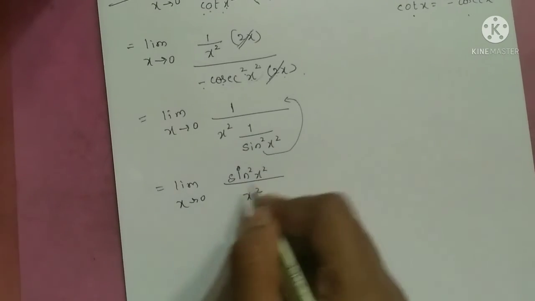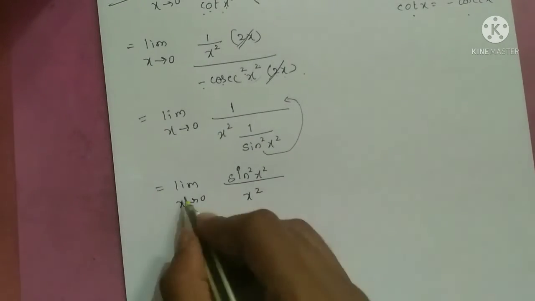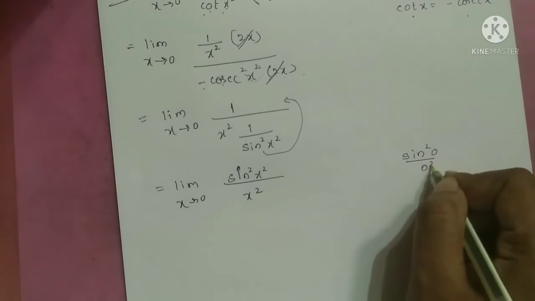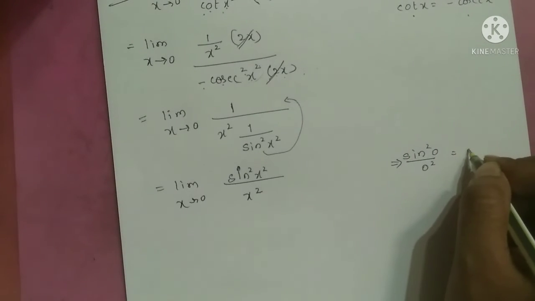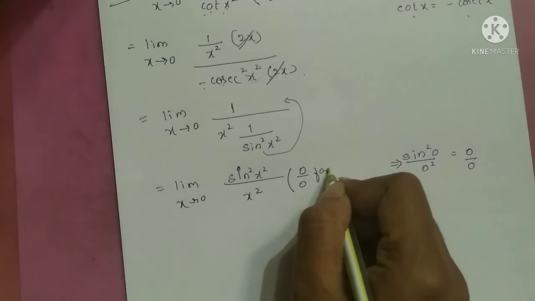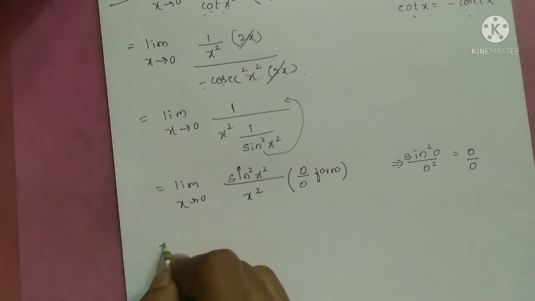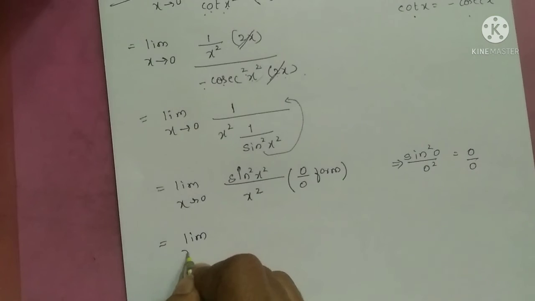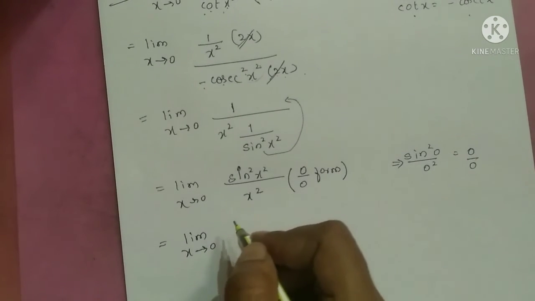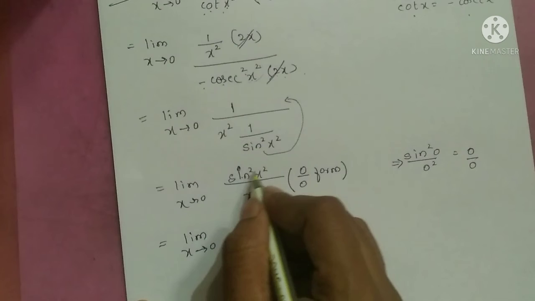Now let's apply the limit to this function. When you apply the limit, sine square 0 by 0 square. Sine square 0 is 0, and the denominator is also 0, so it is in 0 by 0 form. The 0 by 0 form rule says you have to differentiate the numerator and denominator separately. Carry the limit x tends to 0 as it is.